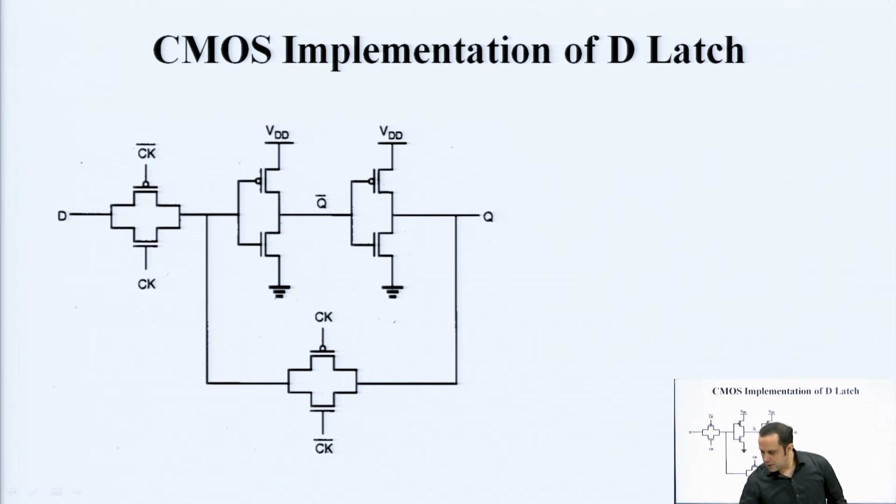Finally, we have another type of latch which is known as the D type of latch. In your course on digital electronics, you would have read about different flip flops and latches. You have SR, you have JK, you have D type and T type. The most commonly used storage element is actually the D flip flop, or D latch.